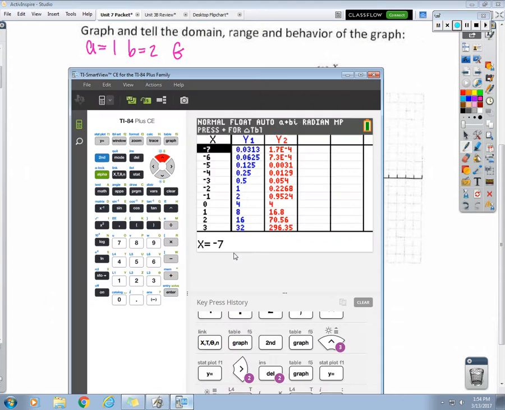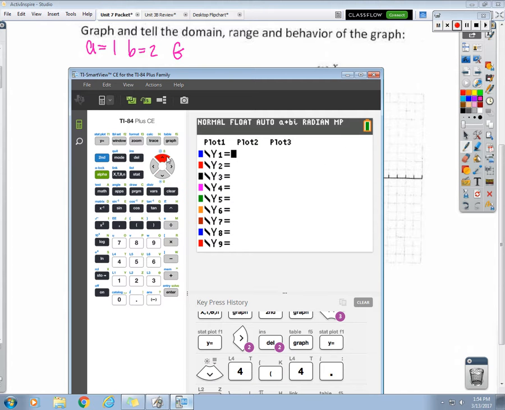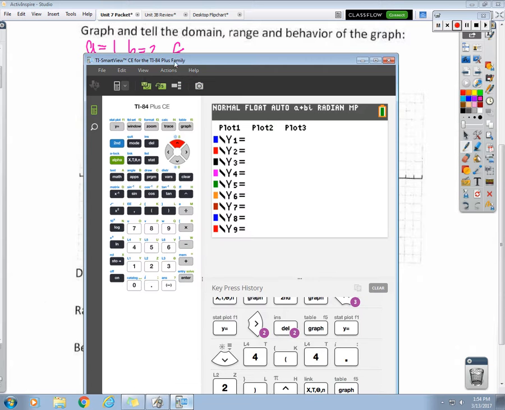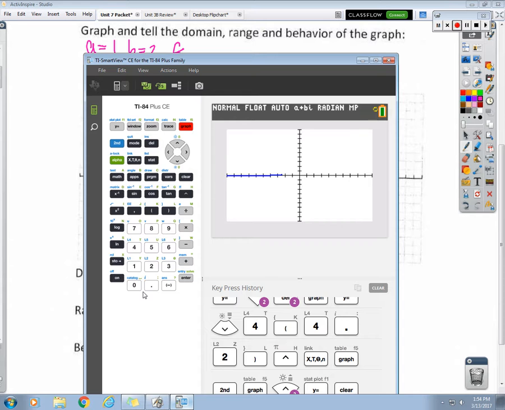Okay, so now let's graph it to get some other points. Y equals 2 to the x power. Okay, see how it crossed through at 1? Because A is your starting value. And then it's a growth because your B value was 2, which is greater than 1.